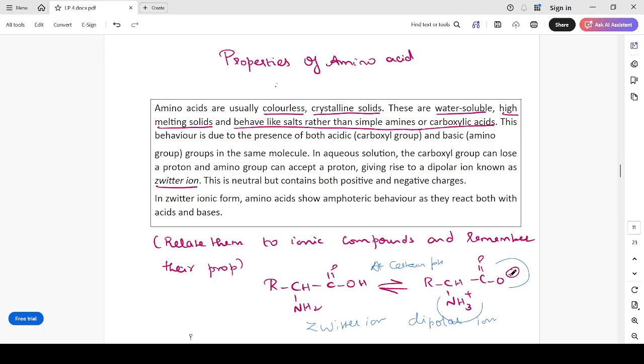Since it is showing both positive and negative, they are rather behaving like salts, not like simple amines or carboxylic acids. As they are having both negative and positive form here, they can show amphoteric behavior. It means they can react both with acids as well as with bases.